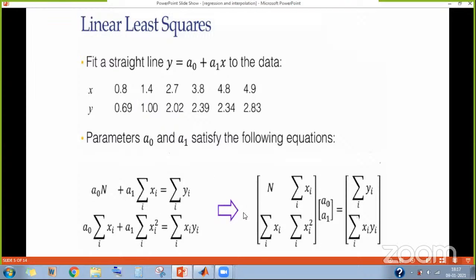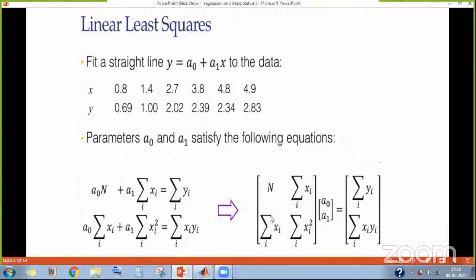This is also portrayed through a matrix: n, summation of xi, summation of xi, summation of xi square, multiplied by a0 and a1, which are the coefficients we want to find. This equals summation of yi and summation of xi yi. If we want to find a0 and a1, we can take the inverse of this matrix.